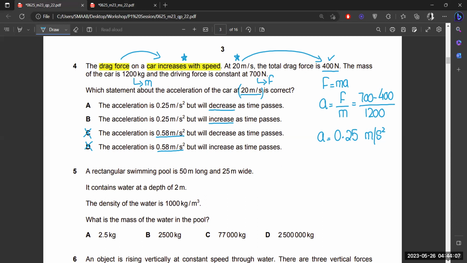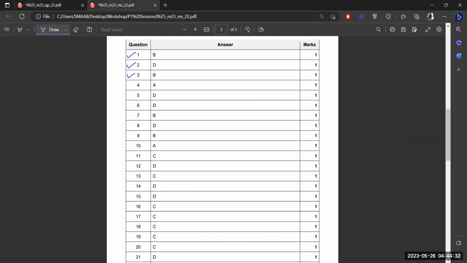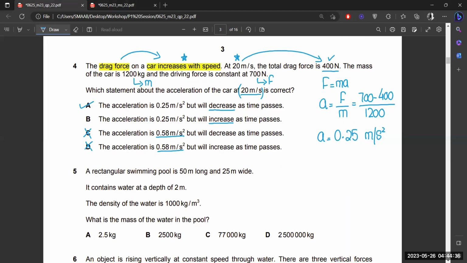So 700 minus, let's suppose 500, so you will get a smaller answer as compared to 0.25. So A is the right choice, that the acceleration is 0.25 at this moment when speed is 20 meter per second. But if you increase the speed, the drag force will increase and your acceleration will also decrease as time passes. So let's check in the marking scheme, 4A, right? That is the right answer.